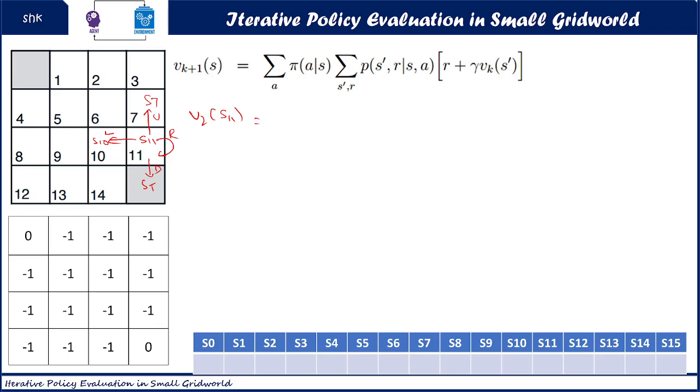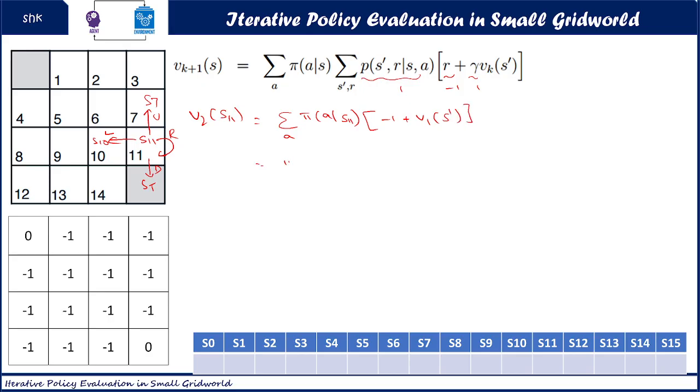So now we will write the value function for S11 as the summation over all actions of the probability of action A from S11 state. The probability of state transition is 1, reward is minus 1, discount factor is 1. So this we can write as minus 1 plus V1 of S dash, where S dash will depend upon the action.